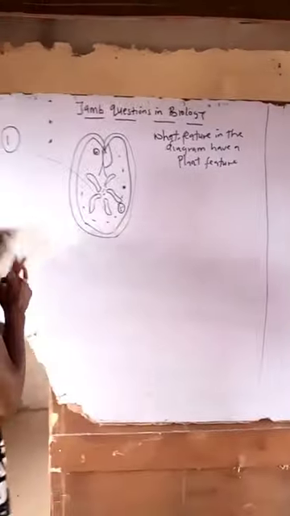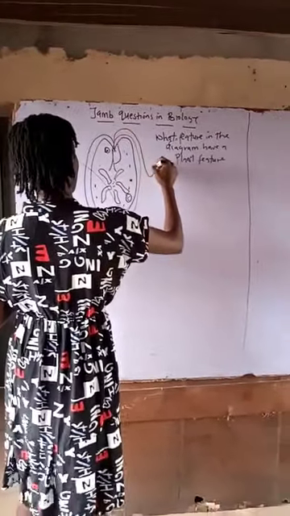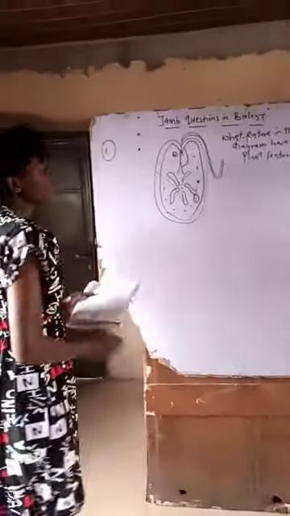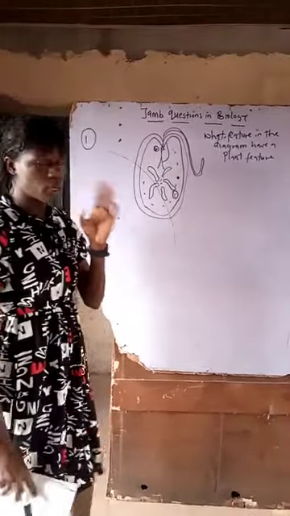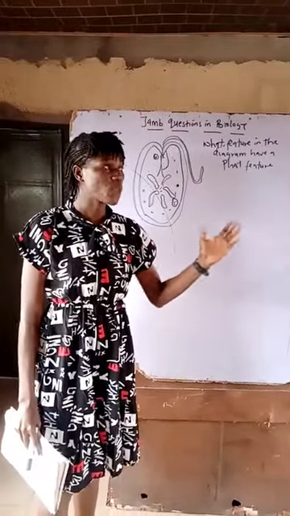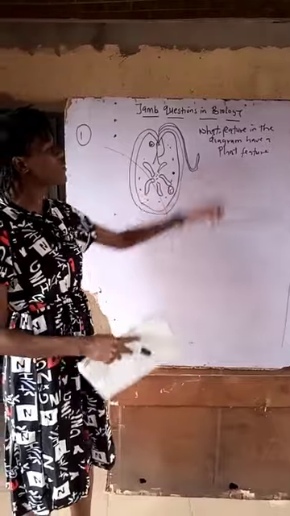Now if you look at this diagram, this is an example of what? Euglena. Euglena has two characteristics: plant-like and what? Animal-like. So they're asking what feature in the diagram above has a plant-like feature.